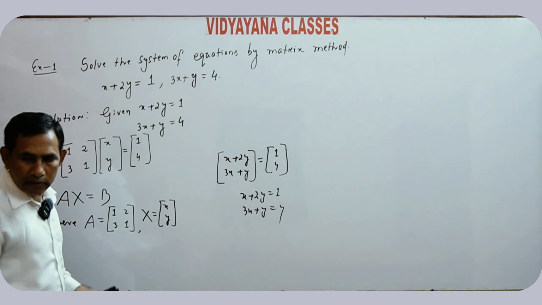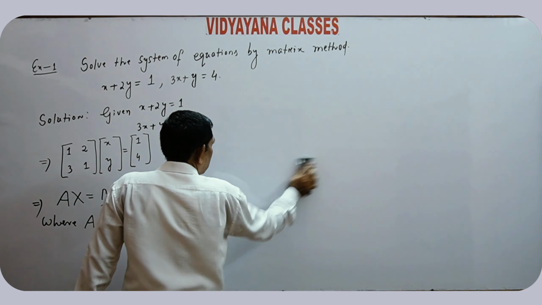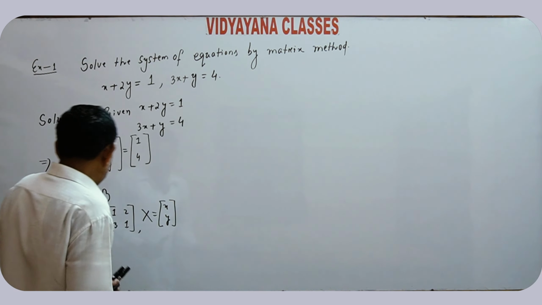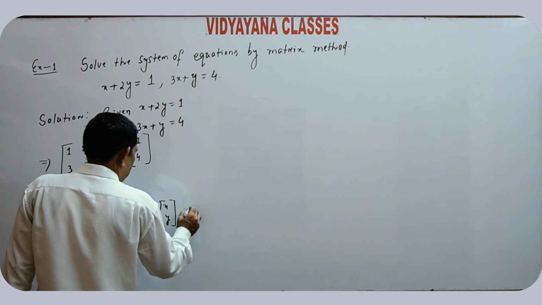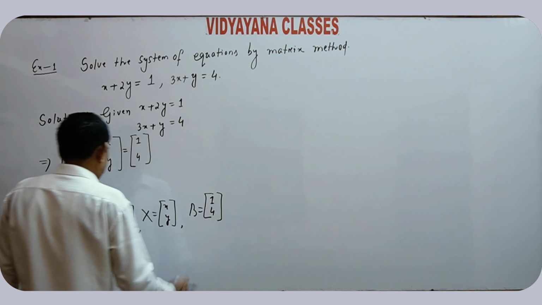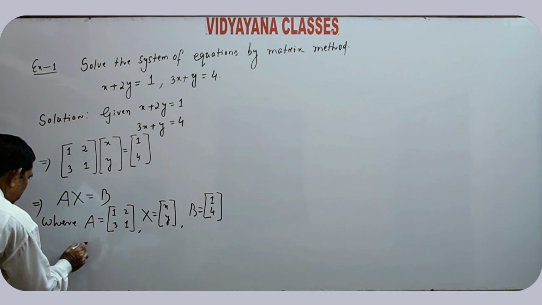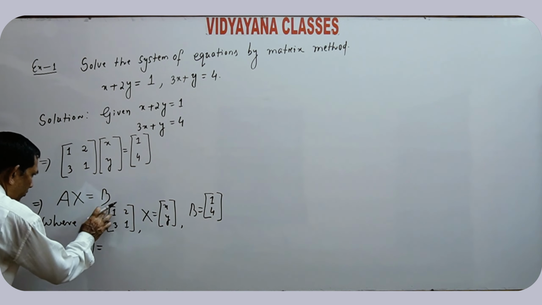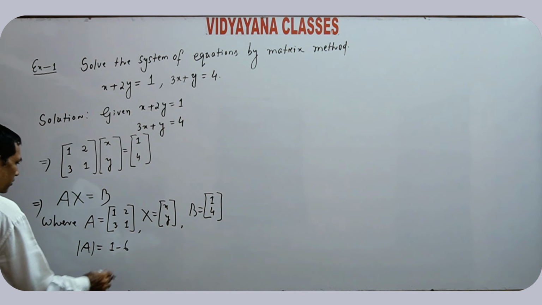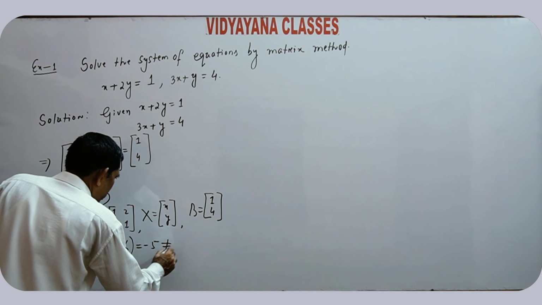And B is the matrix having elements 1, 4. Clear? Next, A determinant is equal to 1 into 1, that is 1, minus 6, which is equal to minus 5, not equal to 0.